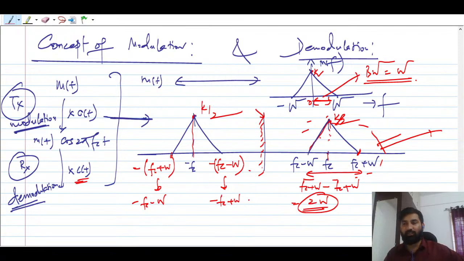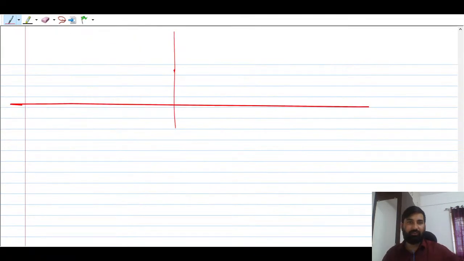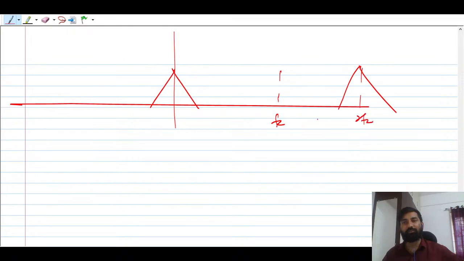So this signal will shift here and some signal will go there, and at FC there will not be any sort of signal. Please remember, that is very important. You will get this kind of situation: at FC nothing will be there, but at 2FC, and minus 2FC, something will be there.